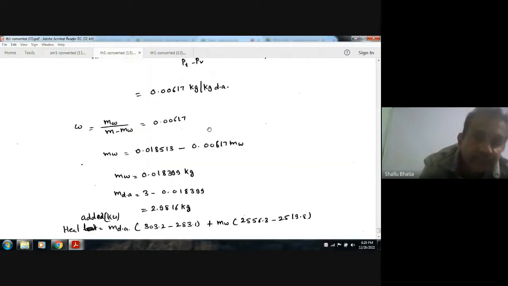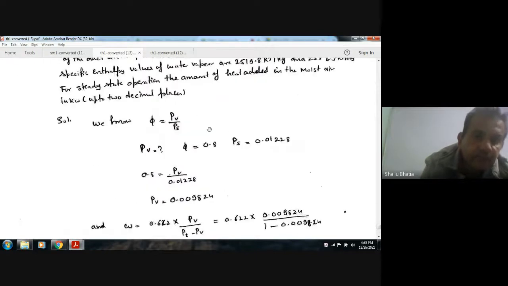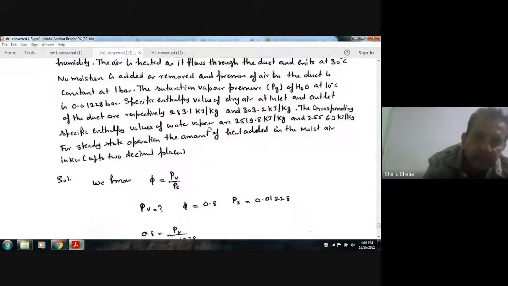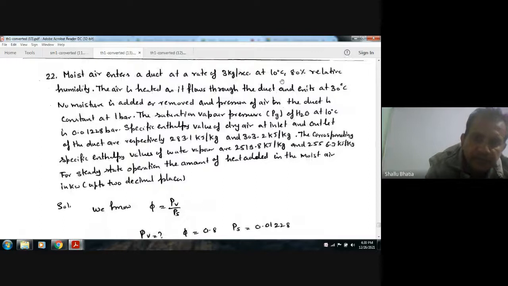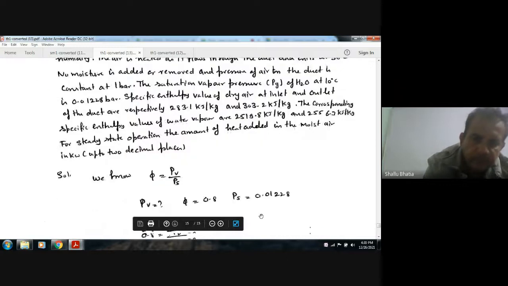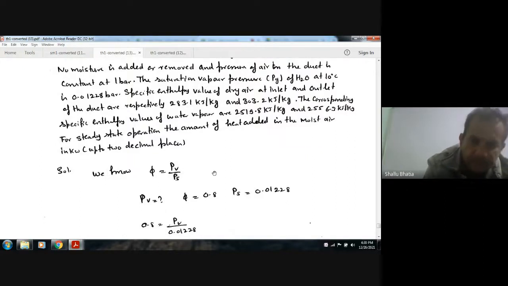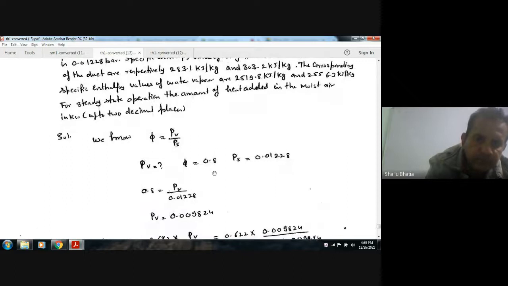Let us do it again. We have given that relative humidity is 80%, that is P_v by P_s. P_s, the saturation pressure, is given as 0.01228 bar, so P_v is this quantity.